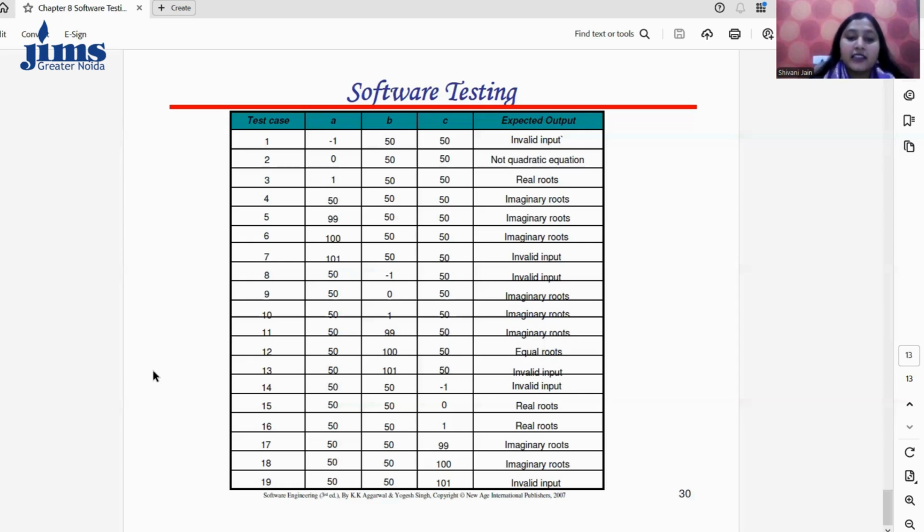Likewise, let's suppose we take test case 17. If we give the variable A value 50, B 50, and C 99, the output that our program should give is imaginary roots. If it is giving any output other than that, it means there is a fault in our program and we should correct it.